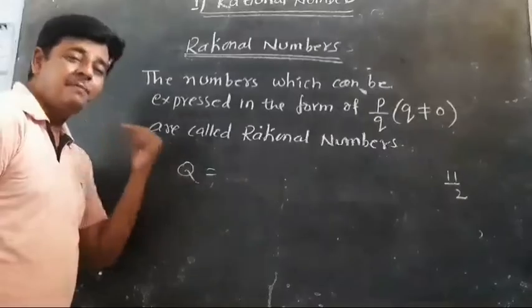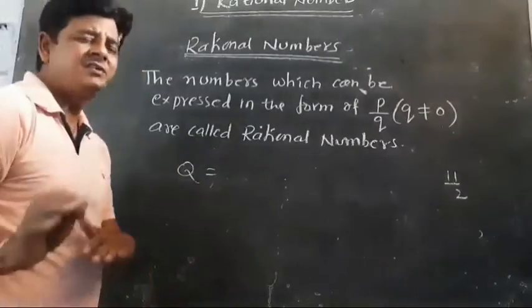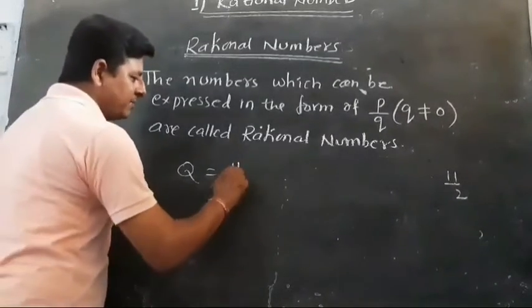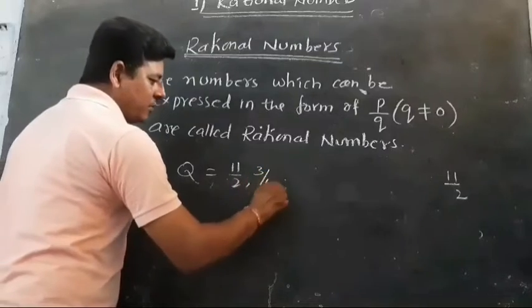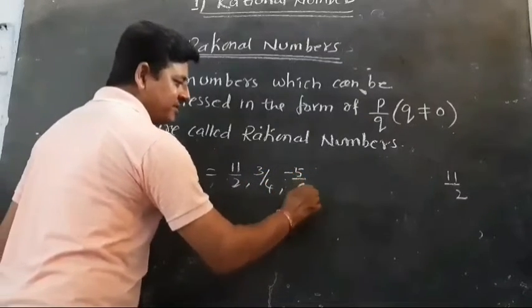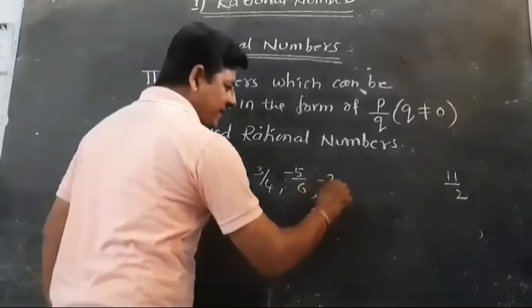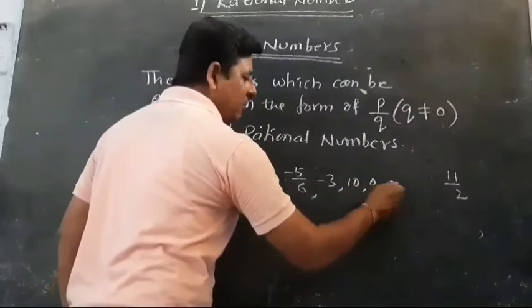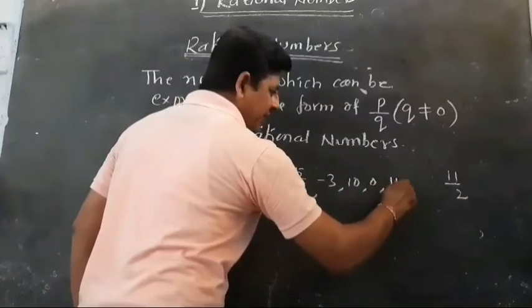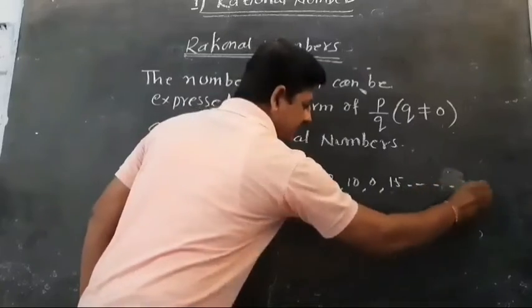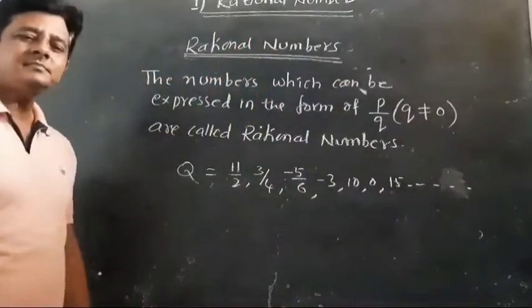I am writing examples of rational numbers. Any fractions you can write, for example 11 by 2, or 3 by 4, minus 5 by 6, and minus 3, 10, 0, 15, etc. These are all rational numbers.